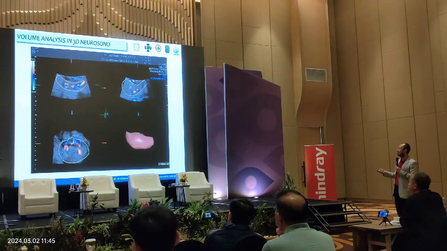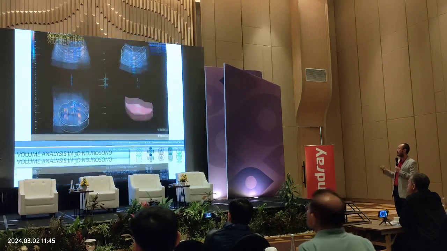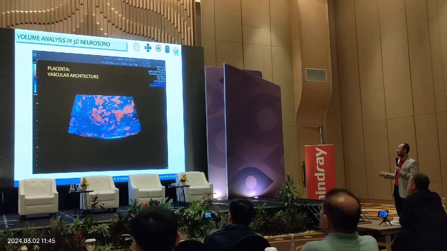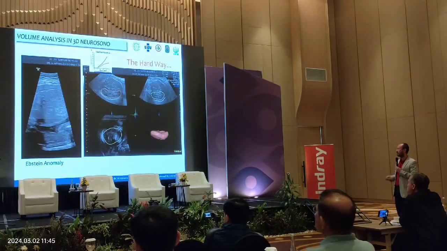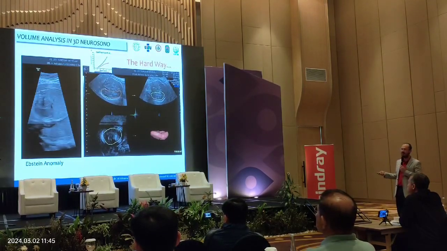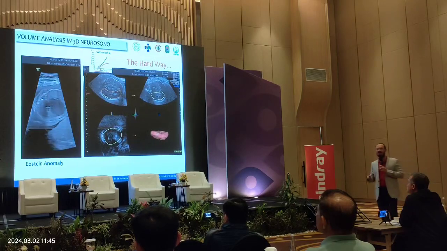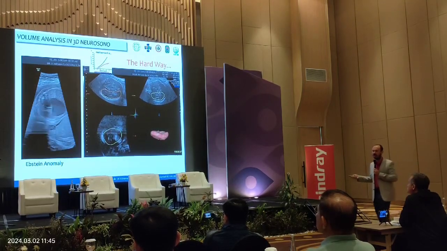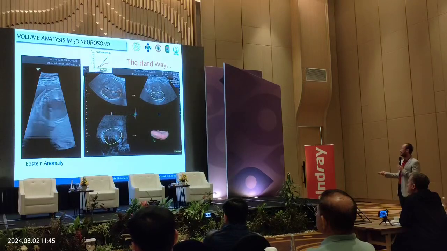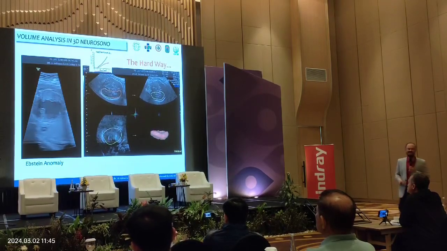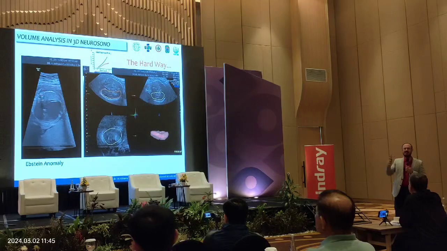You can see here measuring the placenta and measuring the volume, like this. I'm going to make it quick, the placental architecture. This is Ebstein anomaly, and we would like to see how the volume of the brain is. We can see the volume of the brain is shrunken, lesser than the normal one.